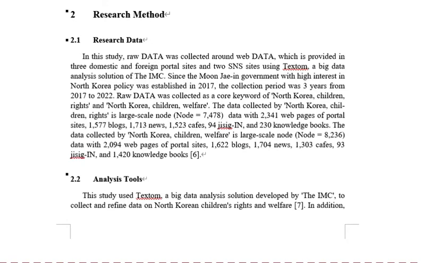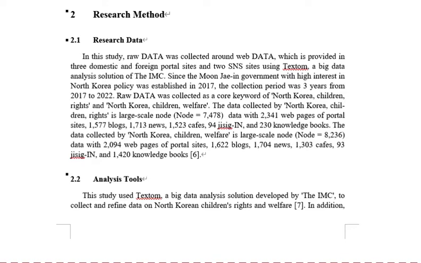First, research data. In this study, raw data was collected from web data provided by 3 domestic and foreign portal sites and 2 SNS sites using Textom, a big data analysis solution of the IMC.